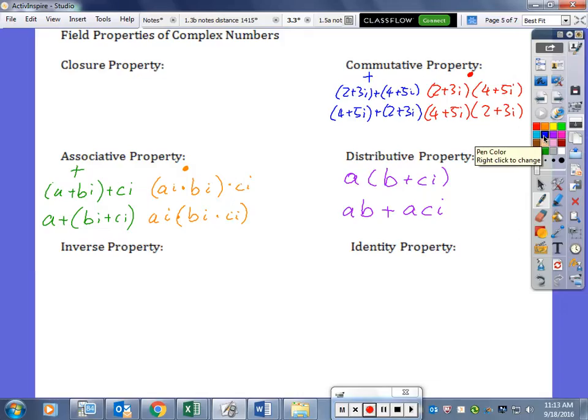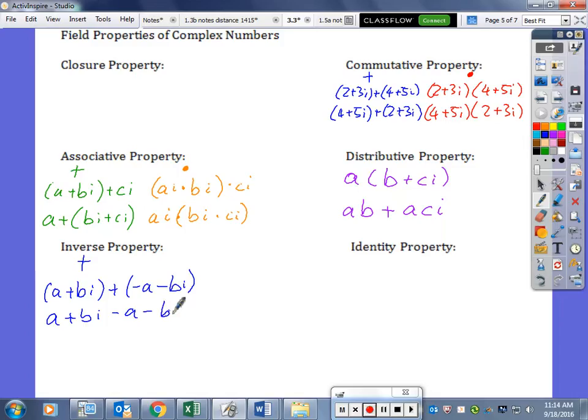Let's talk about our inverse property of addition. If we have a plus bi and we add to it its inverse, which would be negative a minus bi, distributing we get a plus bi minus a minus bi, and that is 0.